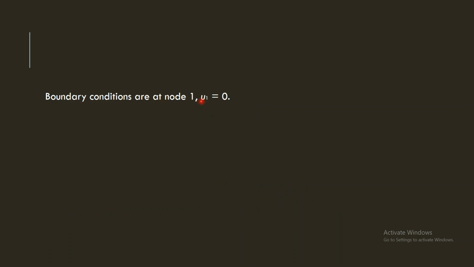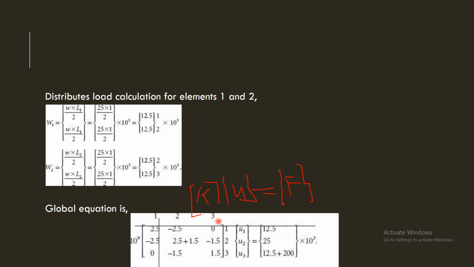Boundary conditions: we know that node 1 is completely fixed, that is u1 equal to 0. Since u1 equal to 0, by using the elimination method, the particular row and particular column has to be terminated. If you did that, the remaining matrix will be a 2 cross 2 matrix.